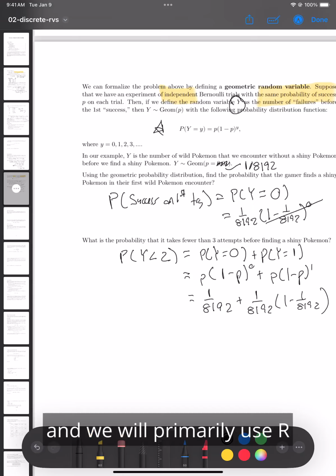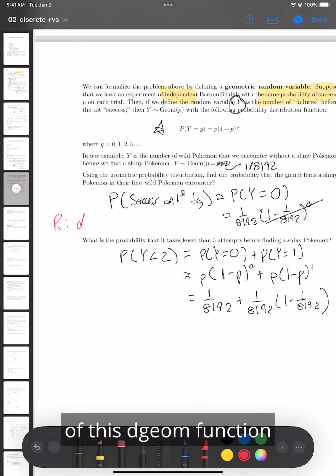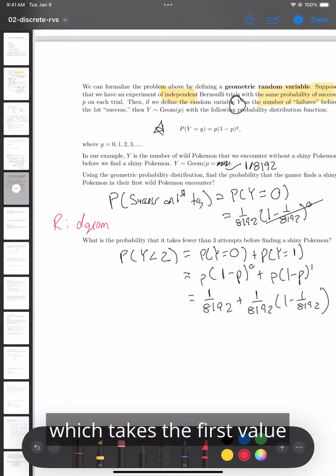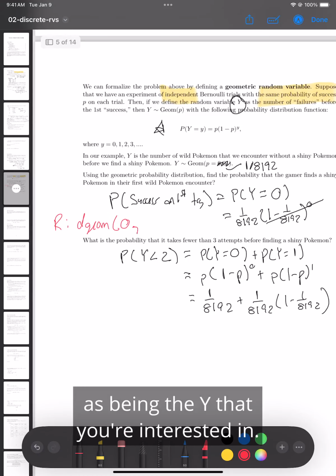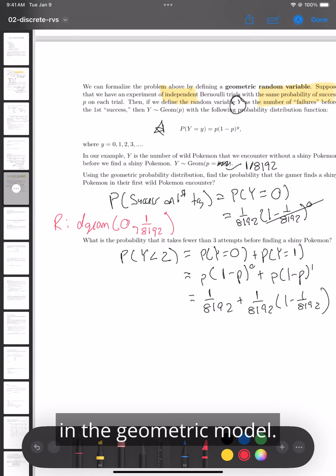And we will primarily use R to actually calculate these. And so for the first one, in R, we can make use of the dgeom function, which takes the first value as being the y that you're interested in. The second value is the probability parameter in the geometric model.